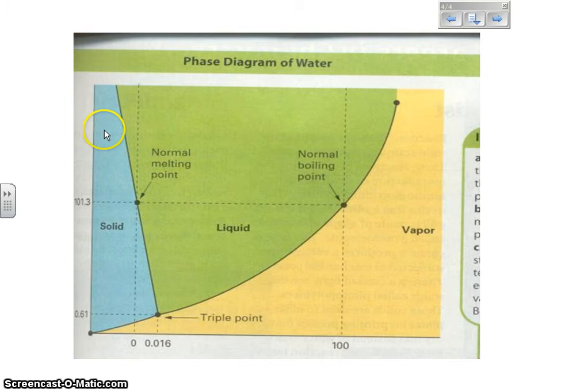This is all ice. And at 101.3 and the temperature of 0 degrees, we start melting. And normal boiling point is 100 degrees Celsius at 101.3 kilopascals. Green is liquid, the yellow is the vapor, gas stage, and solid is blue.